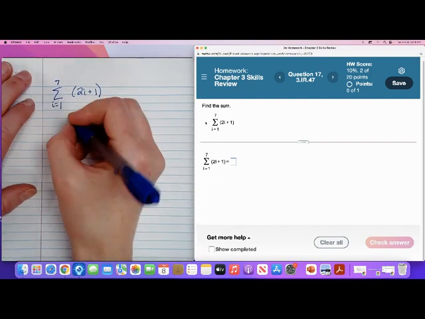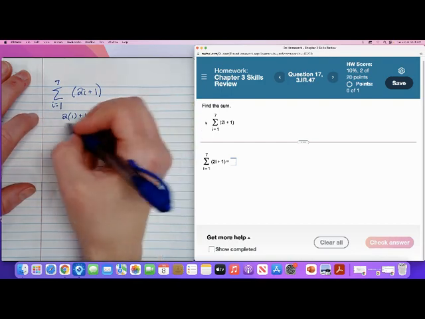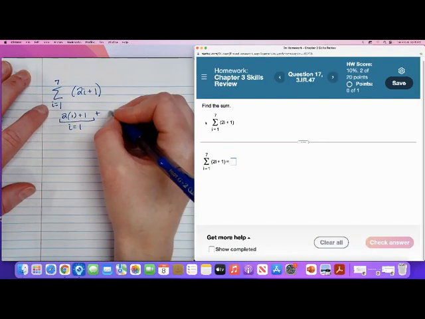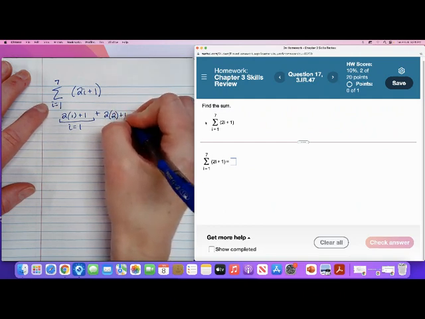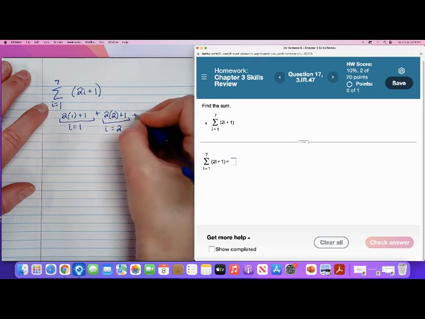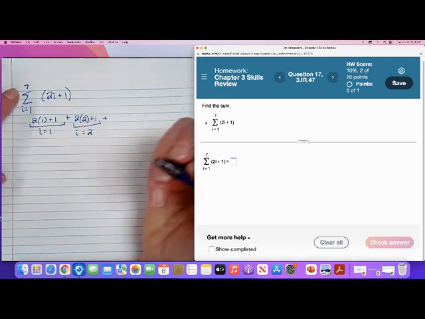So let's see. It's going to be 2 times 1 plus 1. Okay, so that's when i is 1. Plus, we're going to do now when i is 2. Plus, so you get the idea. We're going all the way up to where i is 7.